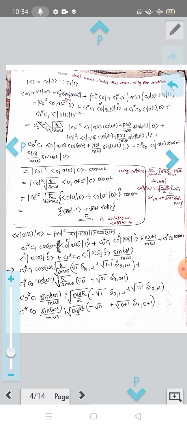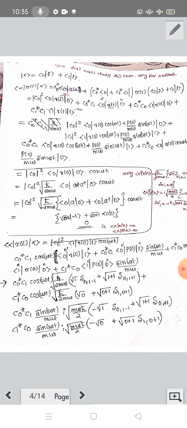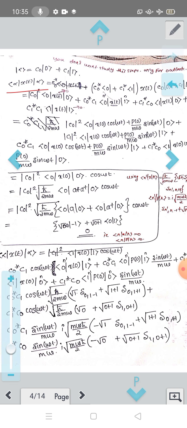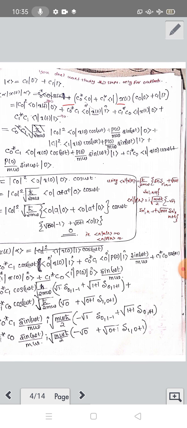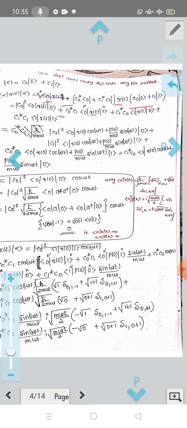Again, you don't have to study this, I'm just working it out now. We have ket alpha equal to C0 ket 0 plus C1 ket 1, and we are evaluating the expectation value of x of t with respect to this alpha. So I am writing it as C0 star bra 0 plus C1 star bra 1, x of t, C0 ket 0 plus C1 ket 1.